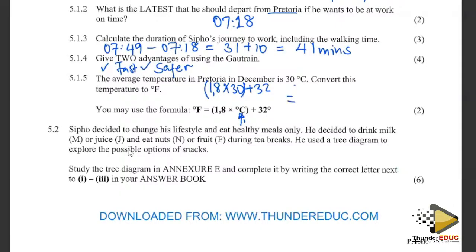So we get the answer as 86 degrees Fahrenheit. 86 degrees Fahrenheit.